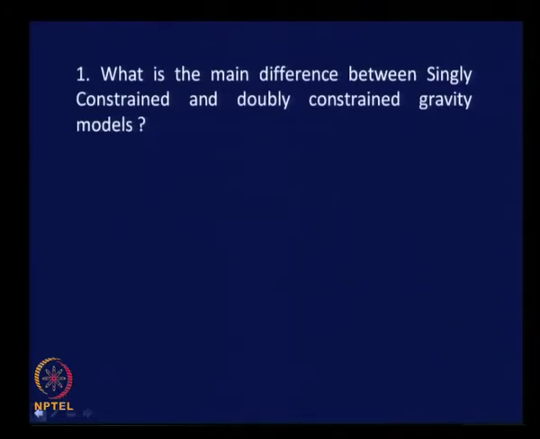In the case of the doubly constrained gravity model, we take both the constraints, related to trip production as well as trip attraction, in the model structure itself, so that the constraints are given as input to the model, giving a constrained model formulation before we actually start distributing the trips using the gravity model.